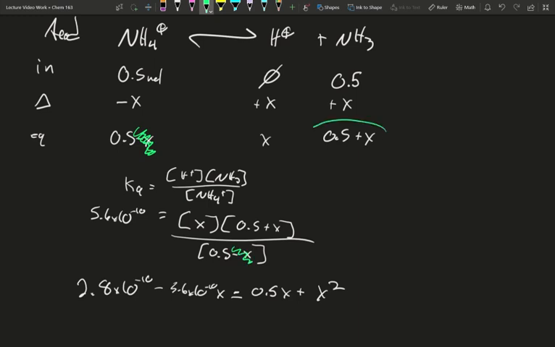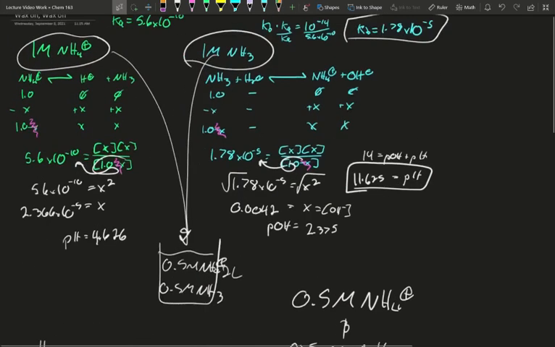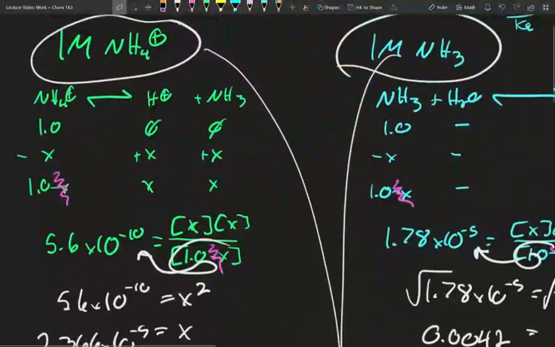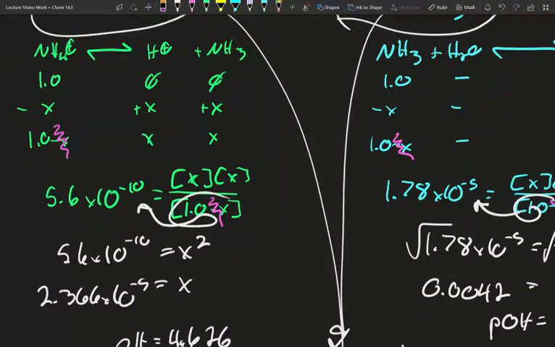But what about the gain? Well, we're assuming X is going to be really small. In fact, it has to be extra small this time. If you think back to when we just had pure acid, we only ended up with 10 to the minus 5 of my ammonia before we reached equilibrium.